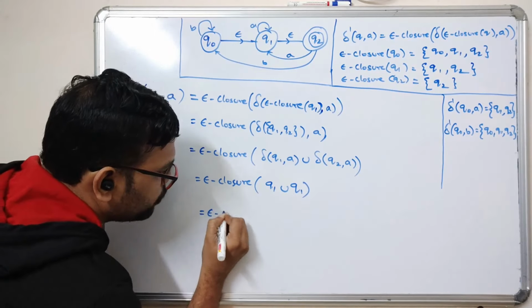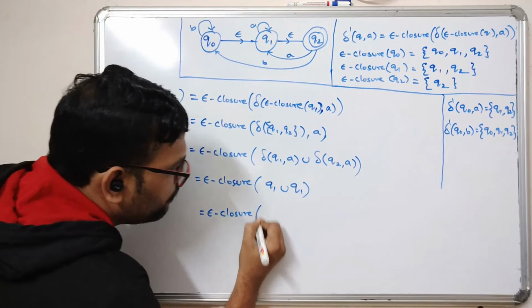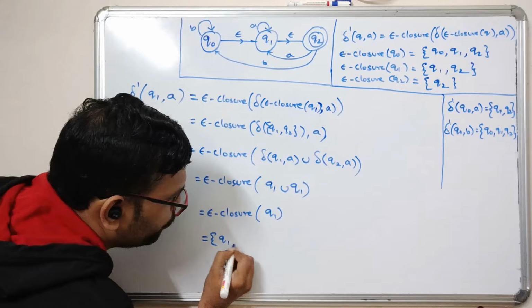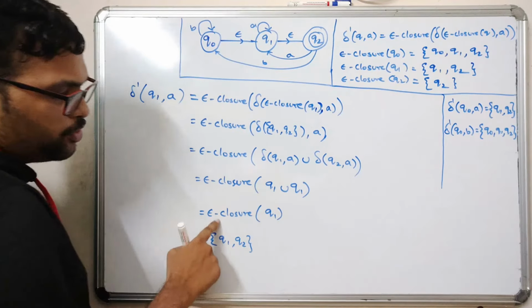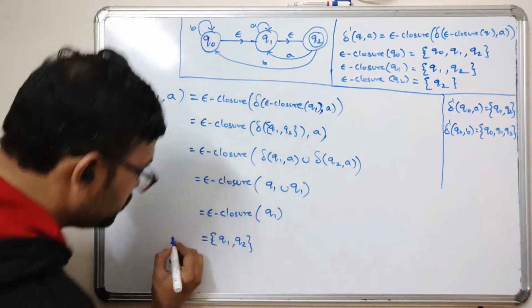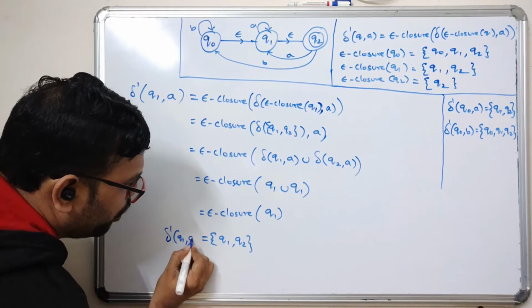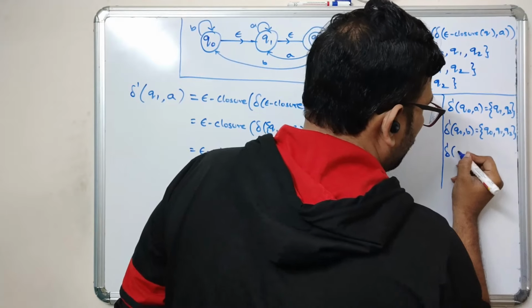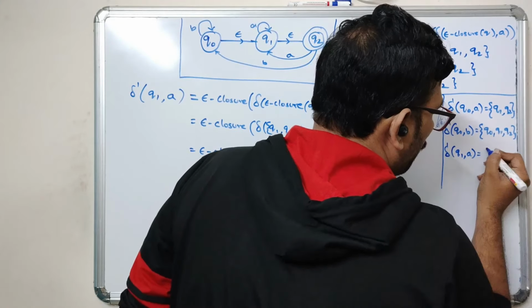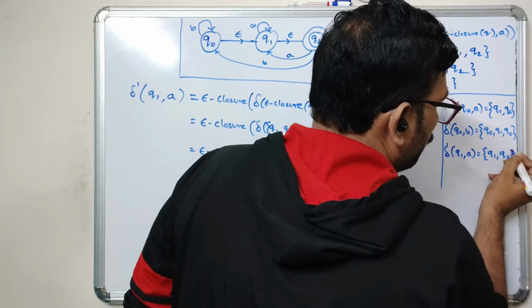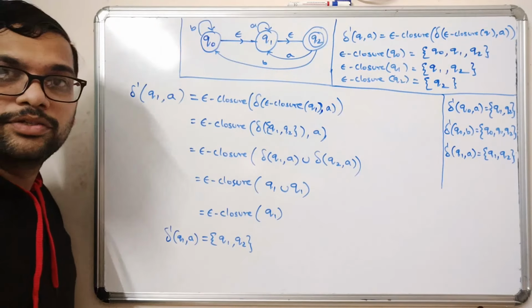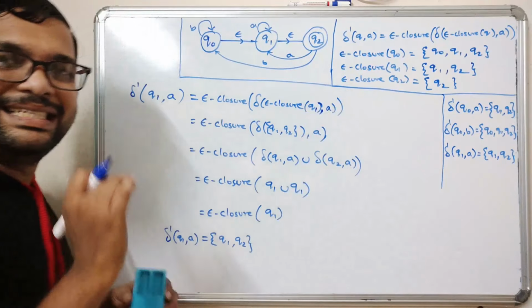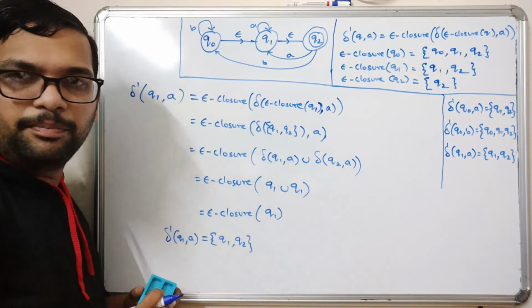So that is nothing but epsilon closure of Q1 union Q1, which is nothing but Q1, and the resultant will be Q1 comma Q2, because epsilon closure of Q1 is Q1 Q2. So the delta function of Q1 on A is equal to Q1 Q2. Note down here: delta of Q1 comma A is equal to Q1 Q2. So hope you understood this procedure. Just apply this function for each and every transition over every input symbol.